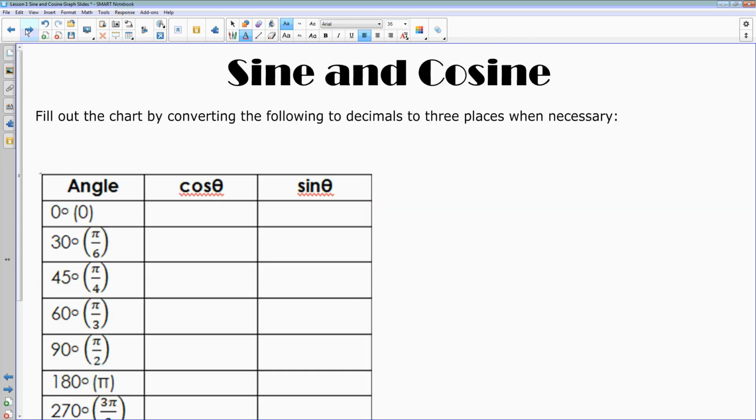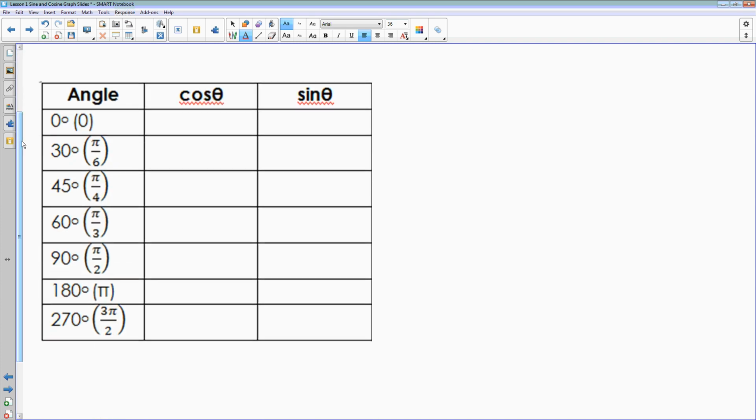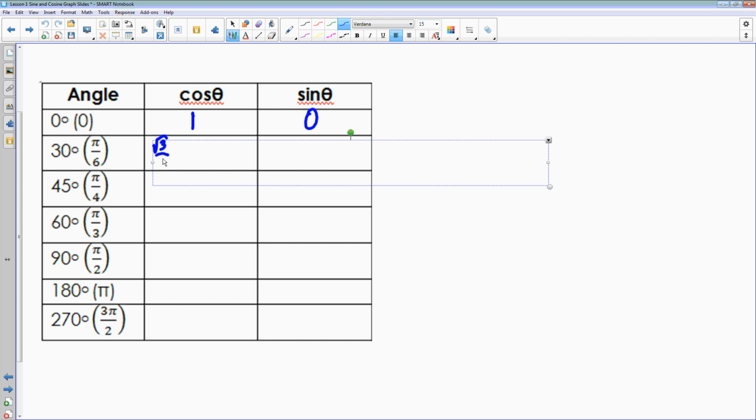So let's get started here by just filling out this chart so we have some values to help us get started. Okay, so if I have an angle of 0 degrees or 0 pi, well, we should know by now the cosine of that is 1, and the sine of that is 0. For pi over 6, we normally say the cosine of pi over 6 is root 3 over 2.